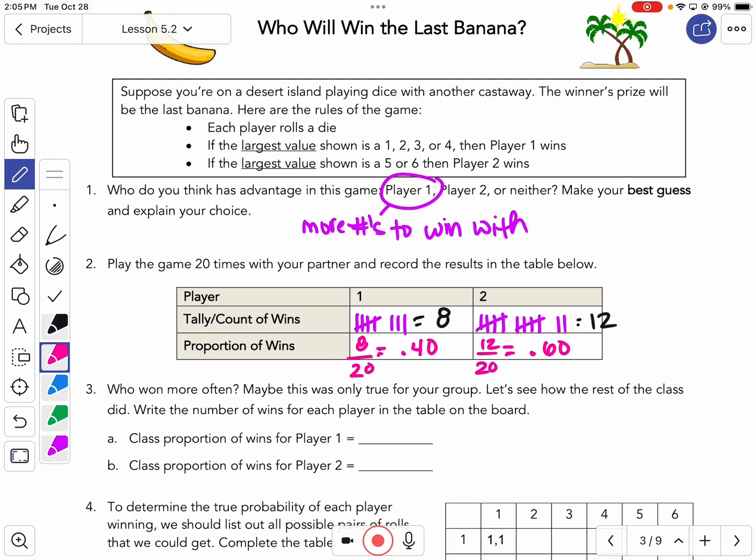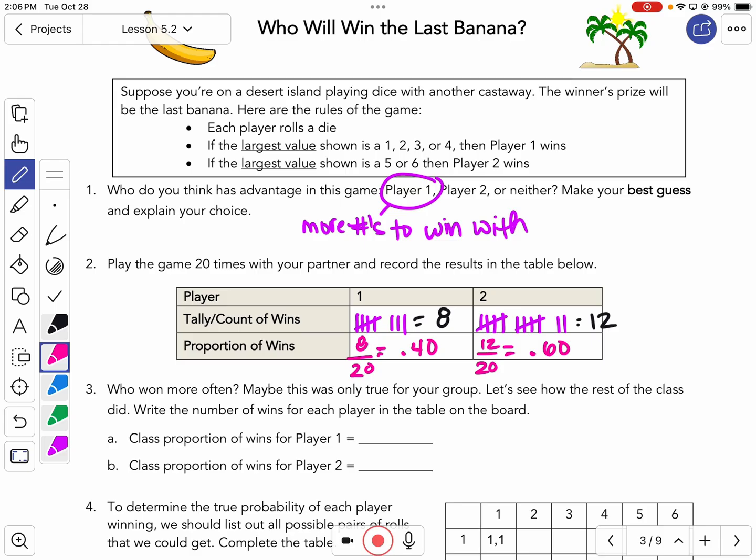In your buckets there are markers. Grab a marker, and one person from each pair, I want you to come and put your number. Don't draw the tally marks, just put the number. For mine, I would put 8 for player 1, 12 for player 2.